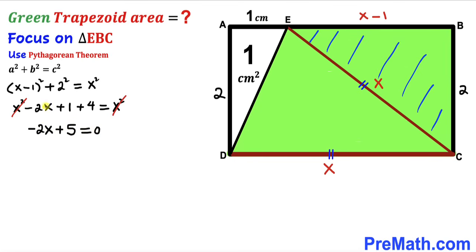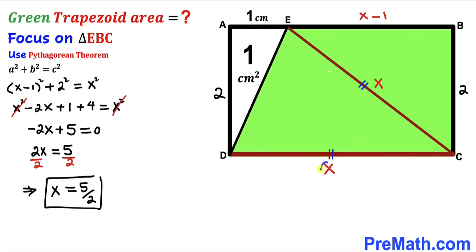Now I am going to move this 2x to the other side, so we ended up with 2x equals positive 5. Now I am going to divide both sides by 2 to isolate x. So our x value simply turns out to be 5 divided by 2 centimeters.